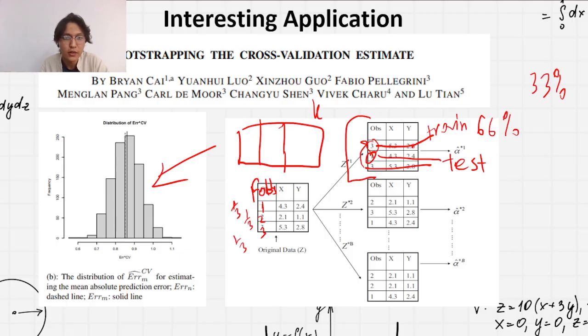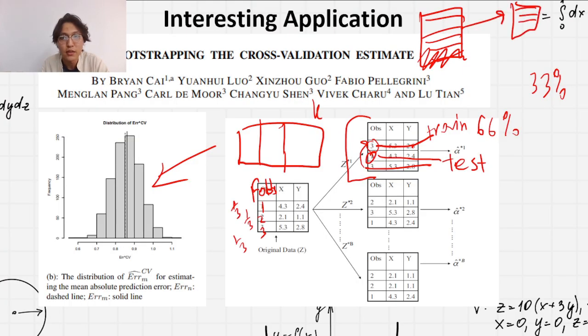Actually, it will look a lot better because we will have a lot more chunks and we will remove 33%, but here we have only 3 for simplicity. So we do that several times. We do that many times. We compute the alpha. And then this alpha is the error of our cross-validation. And we find it here.